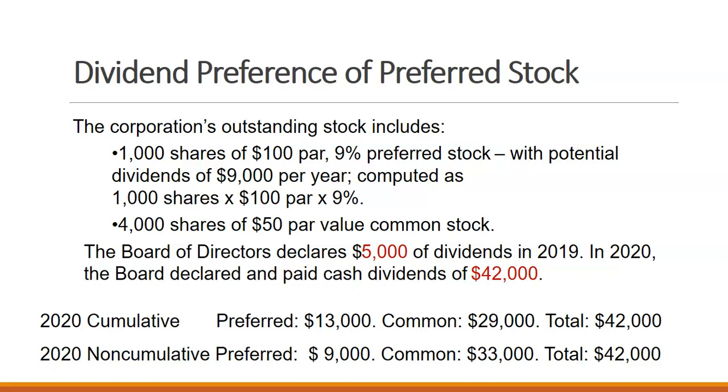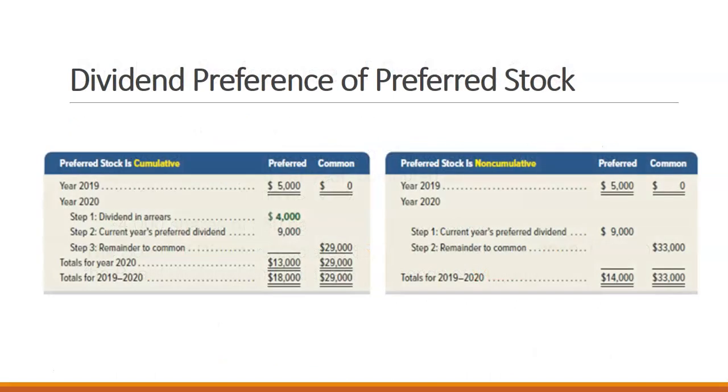If it's non-cumulative, then in 2020 we don't have to pay that remaining $4,000. We just pay whatever their yearly stock dividend is with the $9,000, and then the remaining goes to common shareholders. We will do examples of this in class. So we have this example of the cumulative versus the non-cumulative on this chart here.